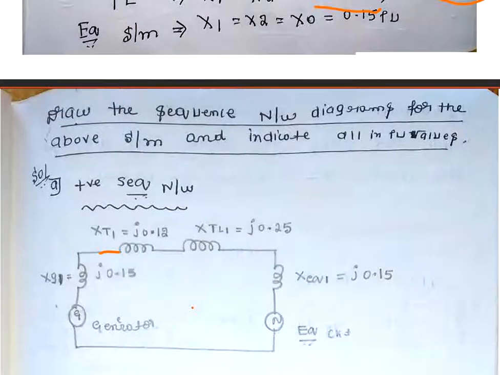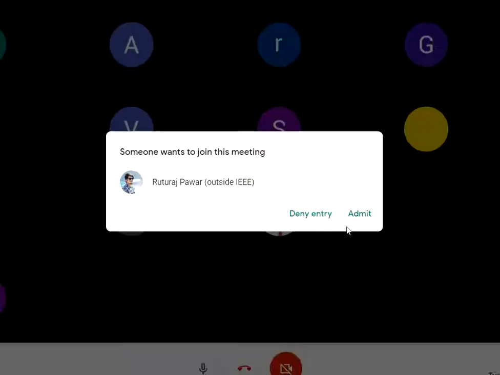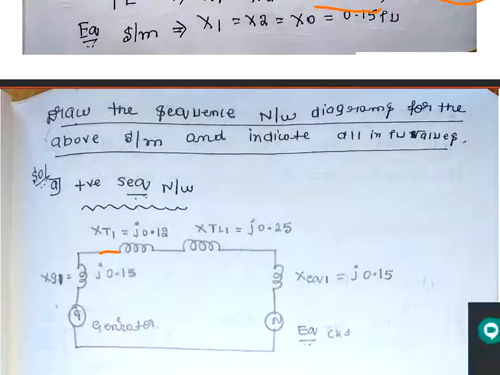Usually, if the generator is symmetrically wound, it produces positive sequence voltages. Once it produces positive sequence voltages, the Xg1 is connected in series with the positive sequence component, as you know.